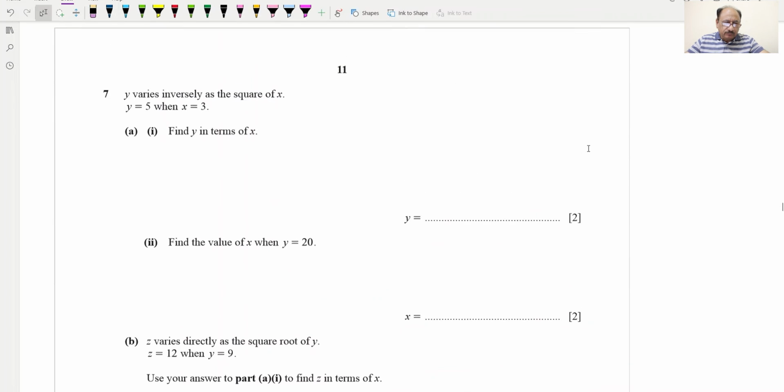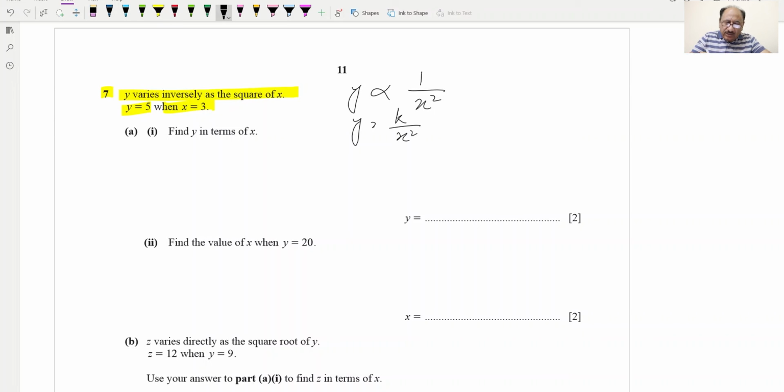question. Now question number 7, this is a proportionality question. Y varies inversely as square of x. So it means what? Y varies inversely as square of x. Now y is equal to k over x squared, we can write, and they are saying y is equal to 5 when x is equal to 3.